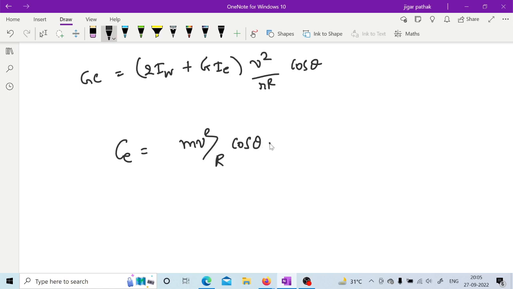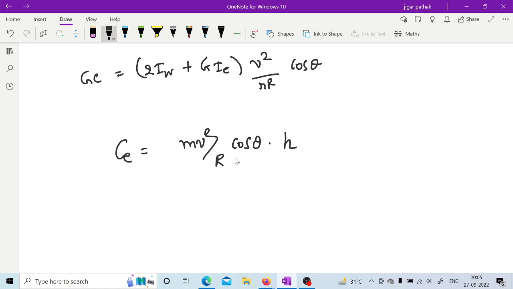That component is going to generate the centrifugal couple. m v square upon r cos theta is the force which is generating that couple, and h is the distance. So this force into distance will give you the centrifugal couple.